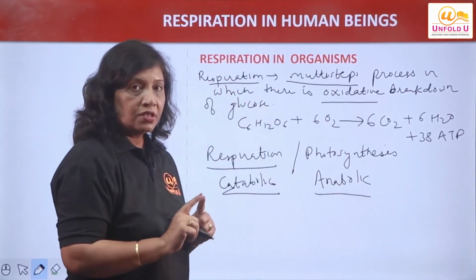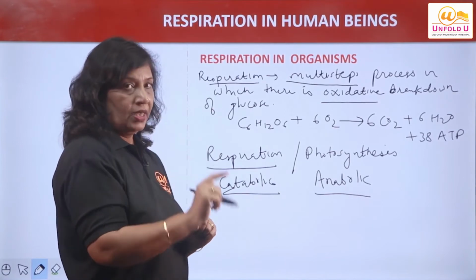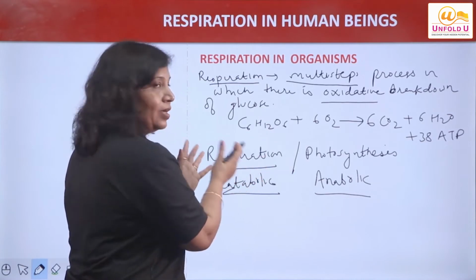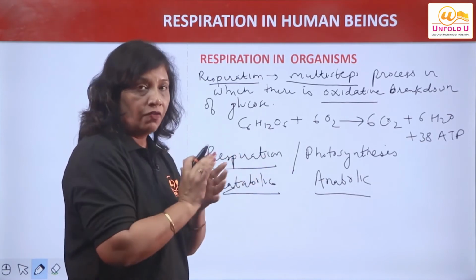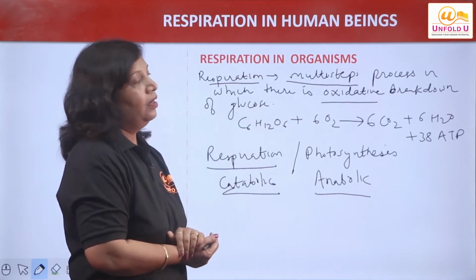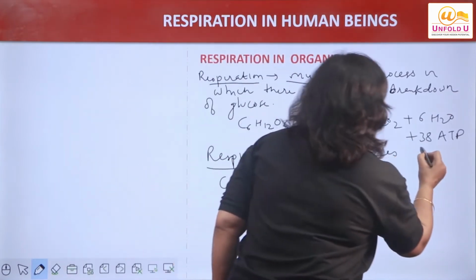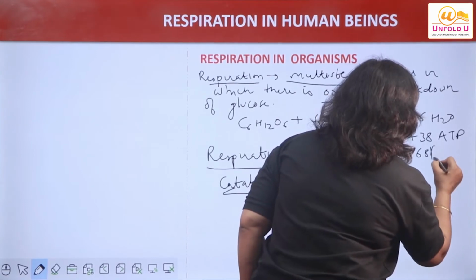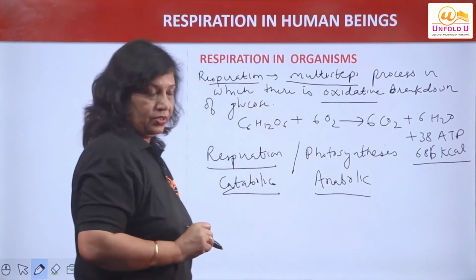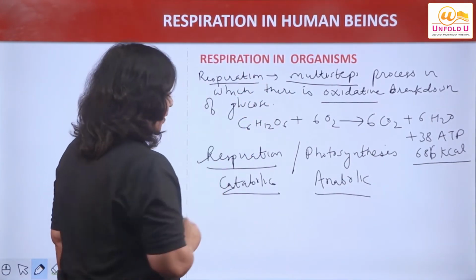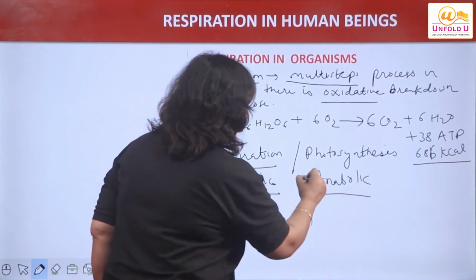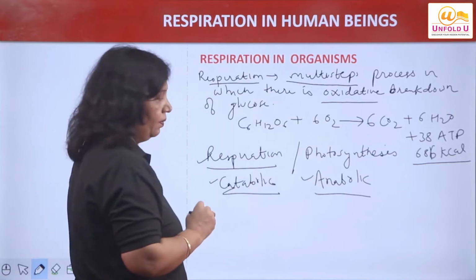In photosynthesis, there is synthesis of glucose, synthesis of carbohydrates, and those carbohydrates are used up in respiration in the presence of oxygen to produce energy, which is 38 ATP molecules, or 686 kilocalories of energy released. So respiration is catabolic, photosynthesis is an anabolic process.